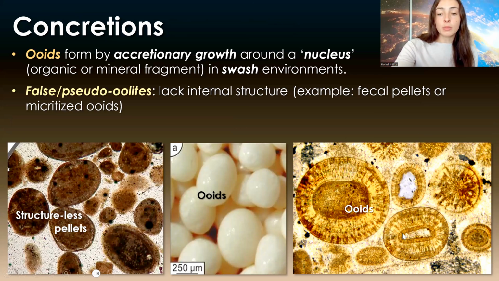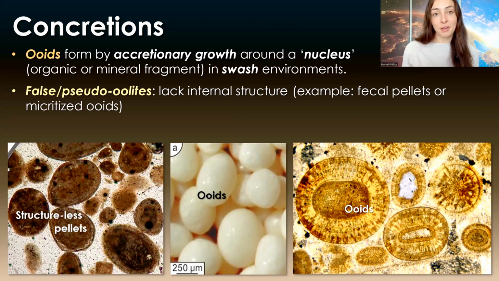Those are all ooids around their little nucleus in the center. However, if they lack a nucleus and lack internal structure, they're probably not ooids. Either that or they're micritized ooids, which just means they've been transformed or recrystallized into micrite, or just carbonate mud. But they can also, if they lack structure, be fecal pellets, which are biological.